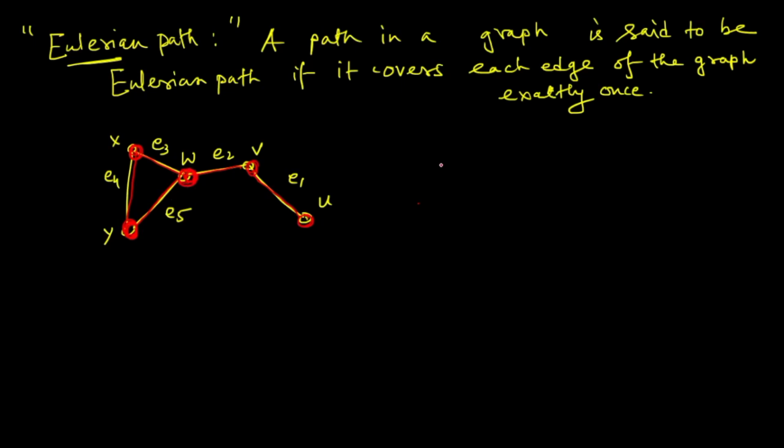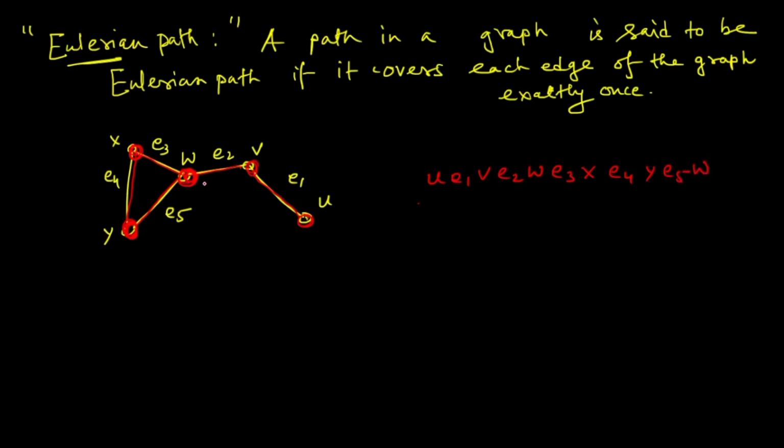So this path is u e1, v e2, w e3, x e4, y e5, w.